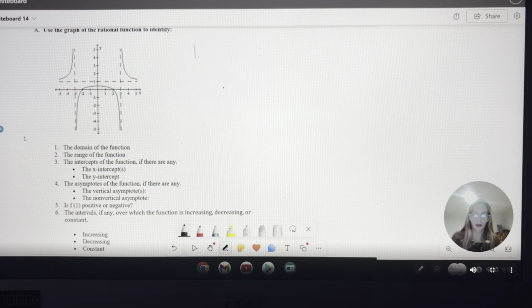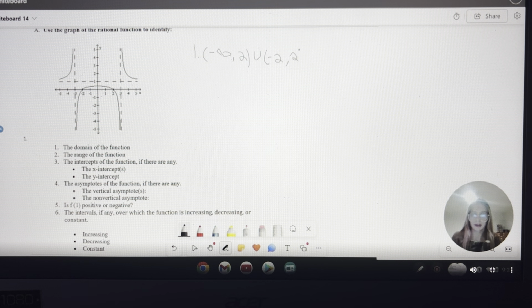So the domain is going to be negative infinity, comma negative 2, then the union, and negative 2 to 2.